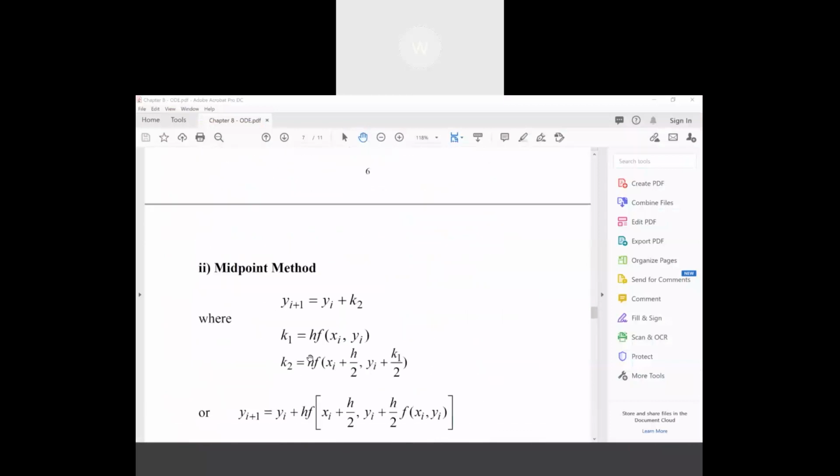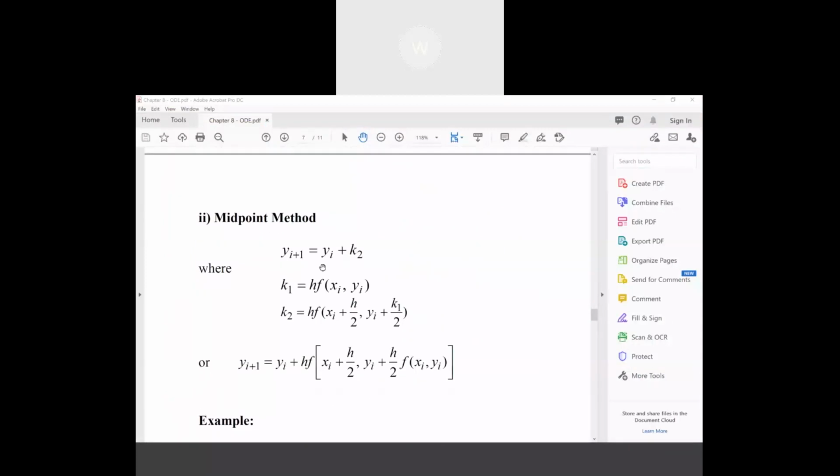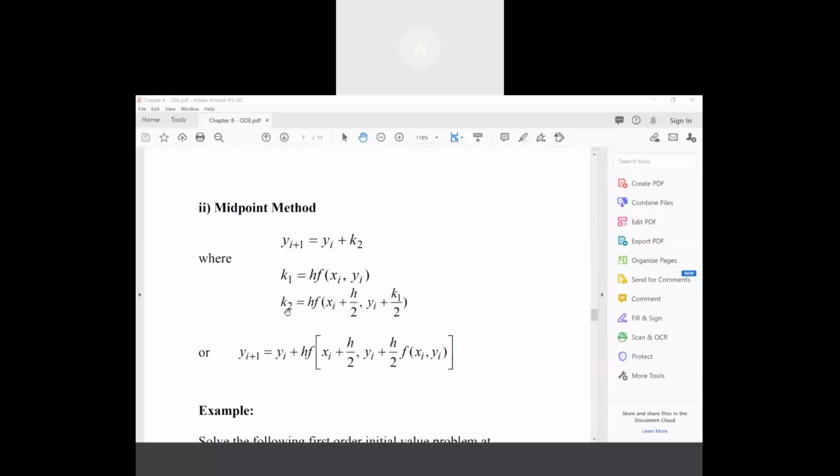And for midpoint method, we have y(i+1) equal to yi plus k2 only, where k1 is h f(x, y), and k2 is h f(x plus h over 2, y plus k1 over 2). Okay, this is the partial calculation for RK4.